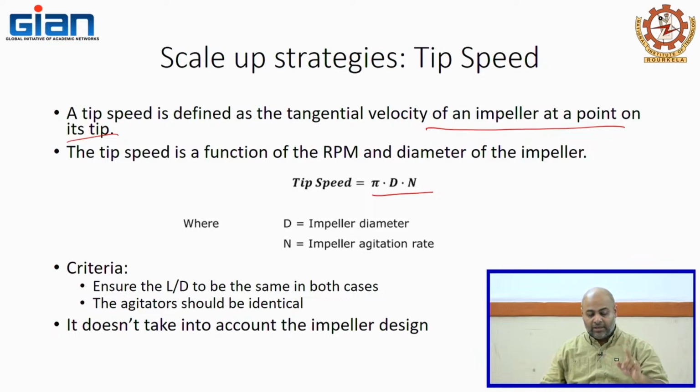The criterion is that you ensure the L by D, the length by diameter, to be the same in both cases. So, L by D in the small scale and L by D in the large scale. The agitators should be identical.